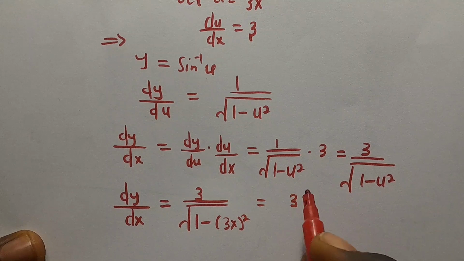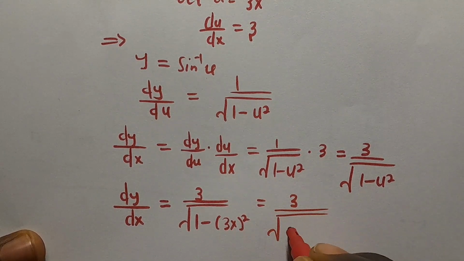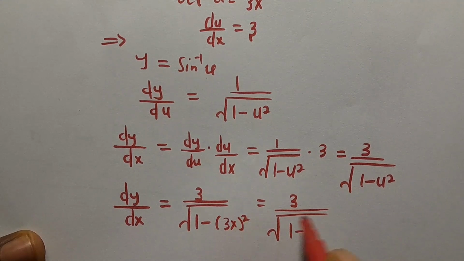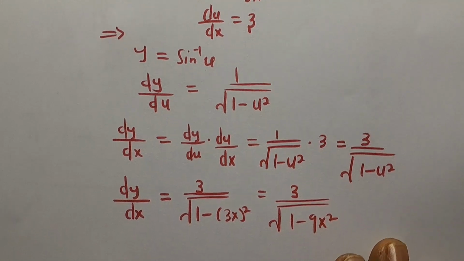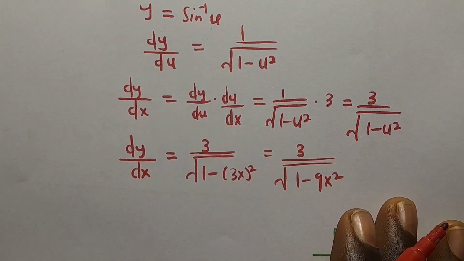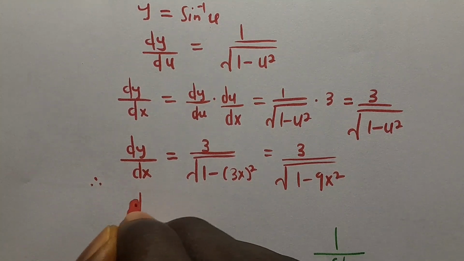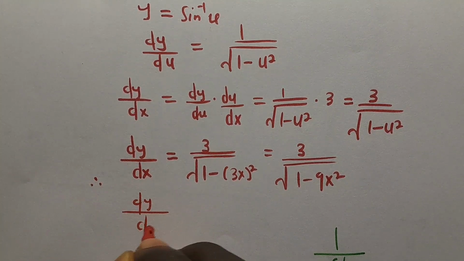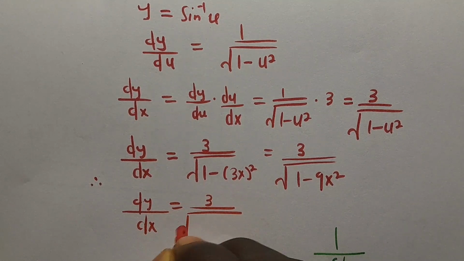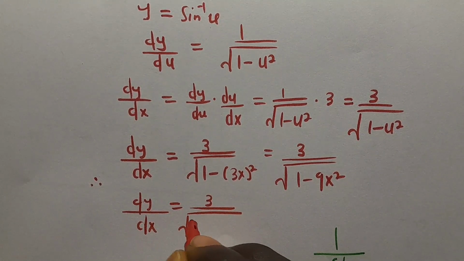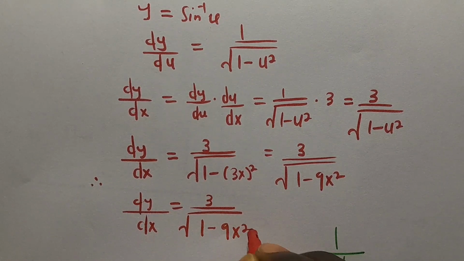Then this will now be 3 divided by the square root of 1 minus 3 squared, which will be 9, x squared, so 9x squared. And that is the final answer for this. So therefore, dy over dx equals 3 divided by the square root of 1 minus 9x squared.